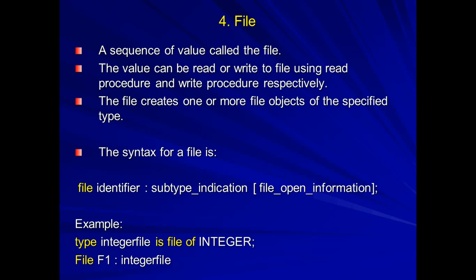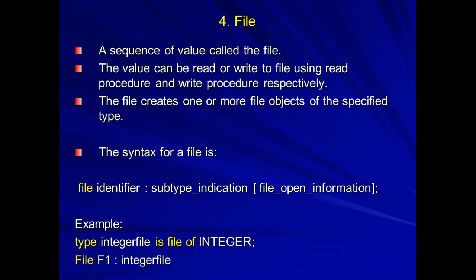Let's see how to declare the syntax for file. File identifier colon subtype underscore indication, and inside the bracket file underscore open information. Here identifier is the name of the file, file is a reserved keyword, subtype indicates the type of the file, and the information to read, write or open the file is given inside the bracket.